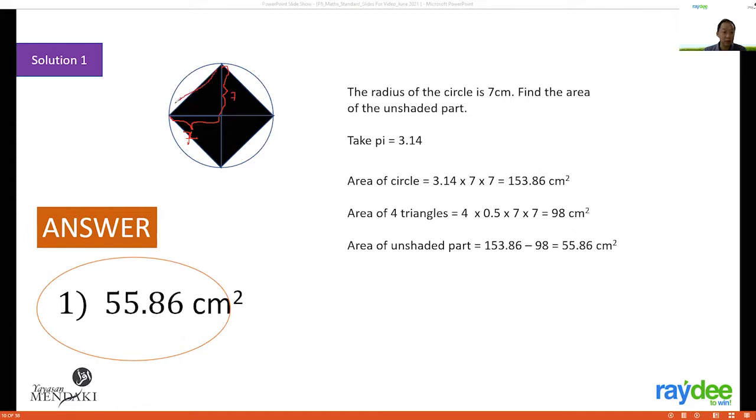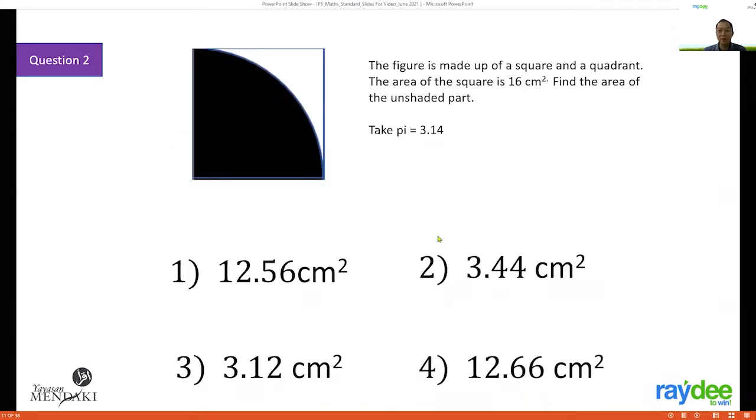So this is the triangle that I'm trying to find. Because there are 4 of them, I multiply by 4, so the area of 4 of them would be 98. Now to find the area of the unshaded part, I just have to take the area of the circle minus 98, and I get 55.86.